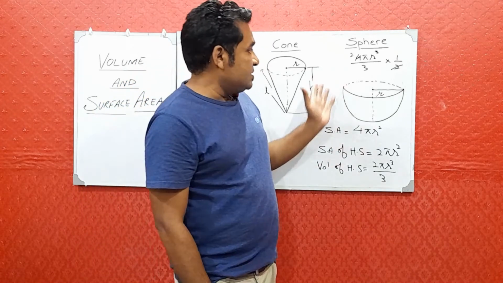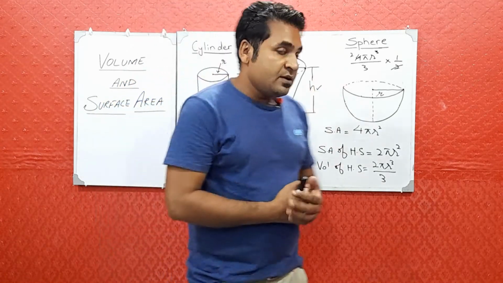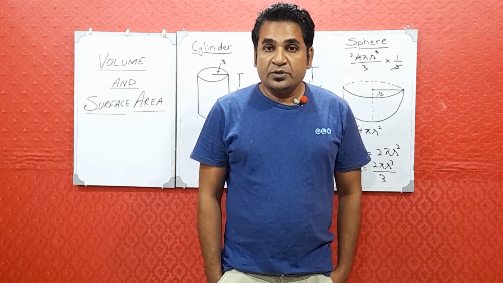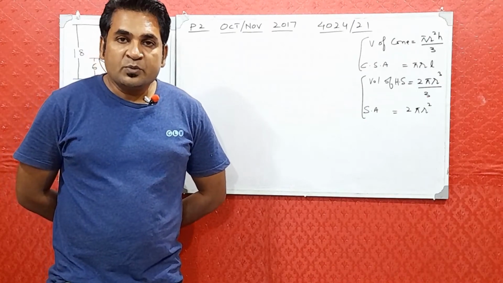So these concepts we are going to use in the questions which I have taken from past papers, and I am now going to explain. Let's talk about a past paper question.